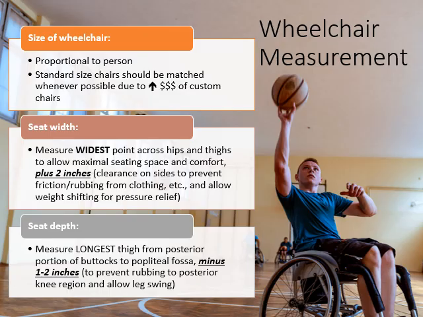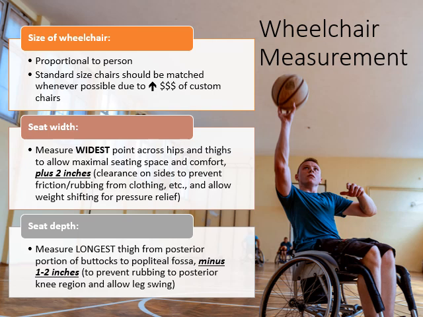Let's talk about measuring for a wheelchair. So a major principle in seating is the need to provide the individual with a solid base of support that begins with appropriate pelvic positioning. We want to make sure that the pelvis is stabilized on a firm surface and that the pressure is distributed throughout the buttocks and the full length of each thigh.